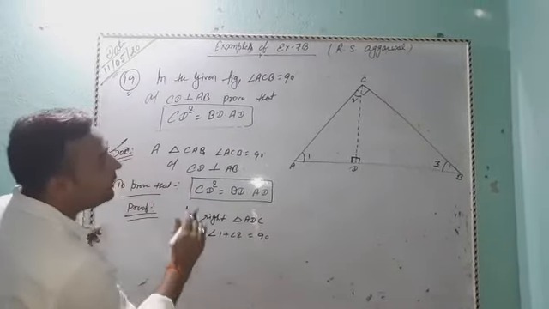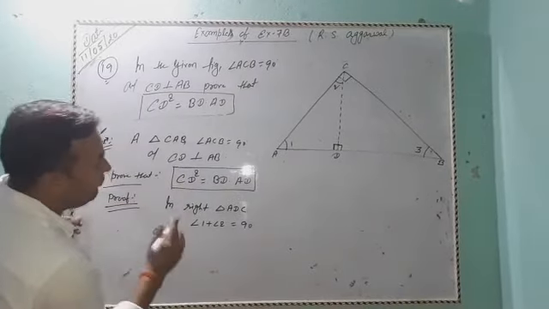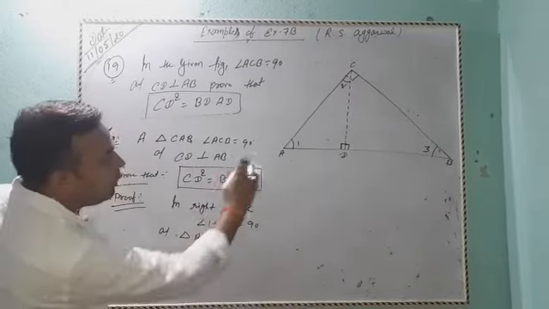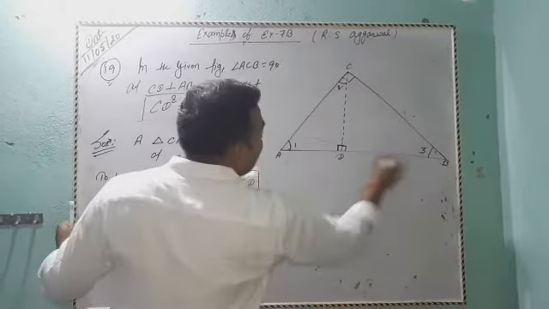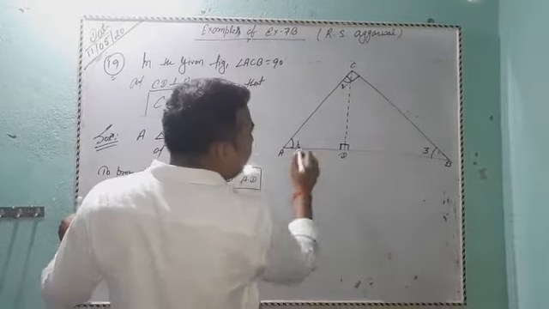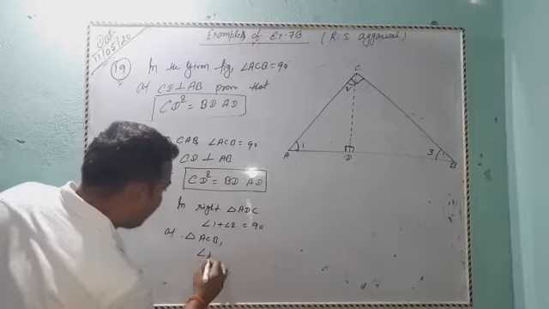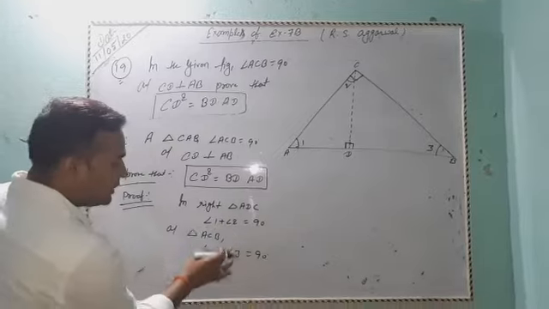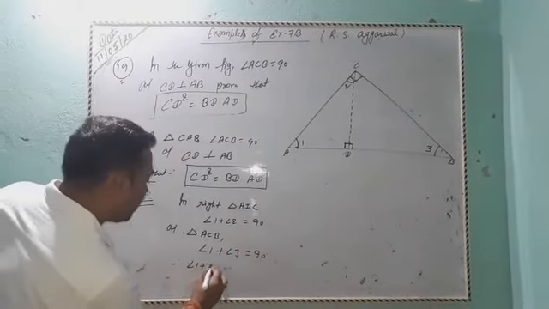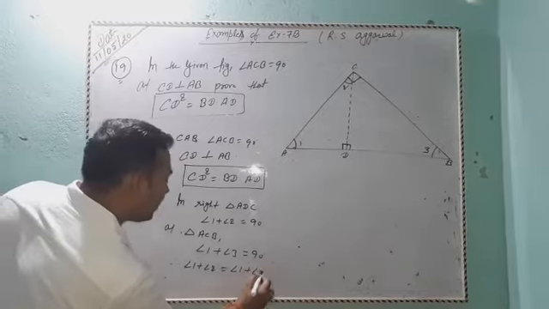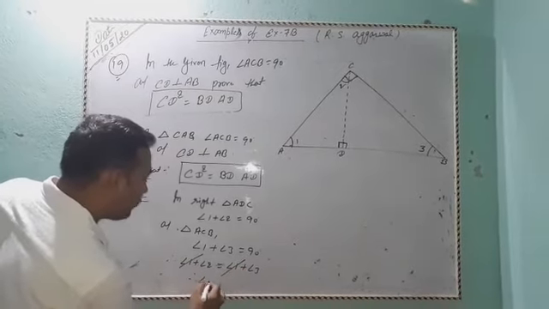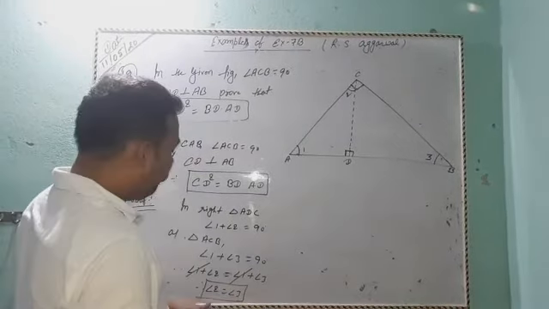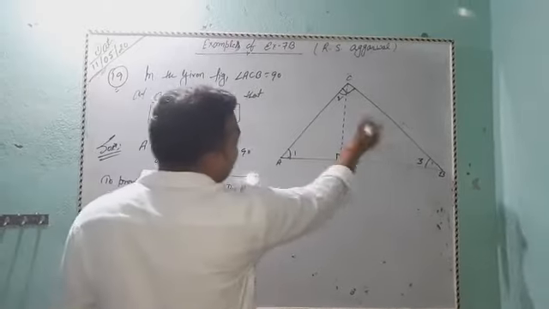And in triangle ACB, which is a right triangle because angle C equals 90 degrees, angle 1 plus angle 3 equals 90 degrees. If the RHS is equal, then the LHS is also equal. So angle 1 plus angle 2 equals angle 1 plus angle 3. Angle 1 is cancelled, so angle 2 equals angle 3. Clear? Angle 2 and angle 3 are equal.